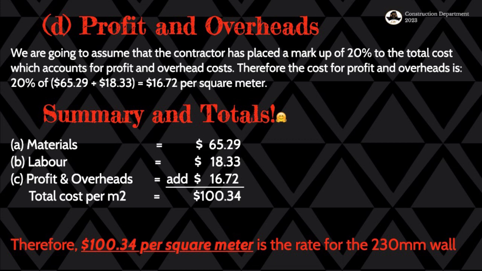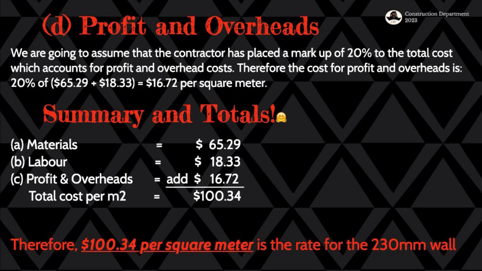So all we just do now is to say how many square meters of 230 millimeter wall do we have right around the house. You saw that house that we had at the beginning of this video, that one with the brown walls. The brown part is the paint and all that, but excluding the paint, just the wall with the bricks and all the materials listed in the quotation.